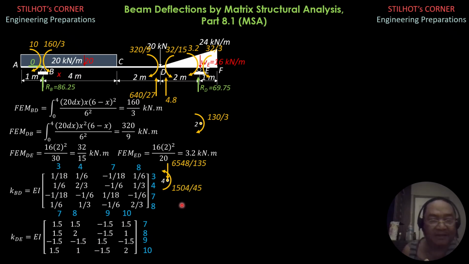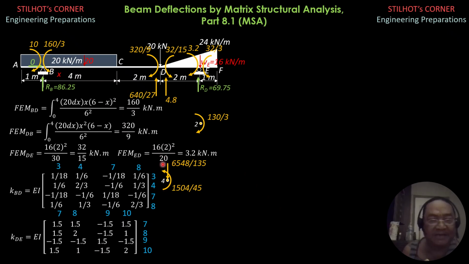So net loading at 4, as I said, 640 over 27 plus 4.8. These are fixed forces, so it's going down. Then you combine it with 20 that is going down. You will get 6548 over 135 kilonewtons downward. And for the moment, 320 over 9 minus 32 over 15, it's positive 1504 over 45.